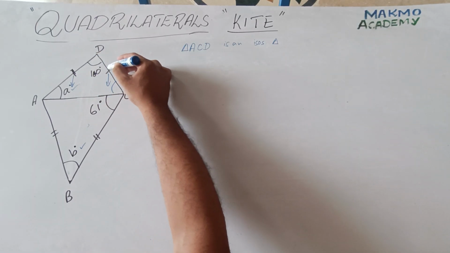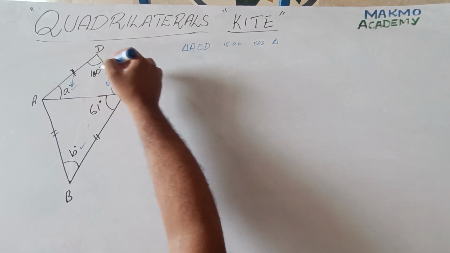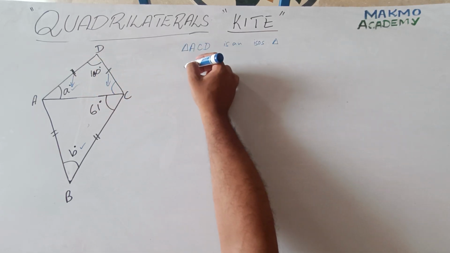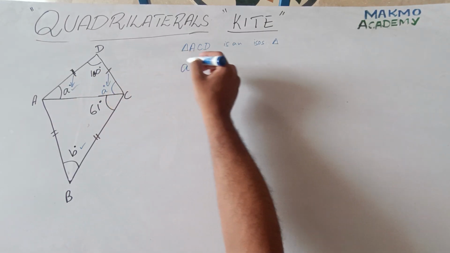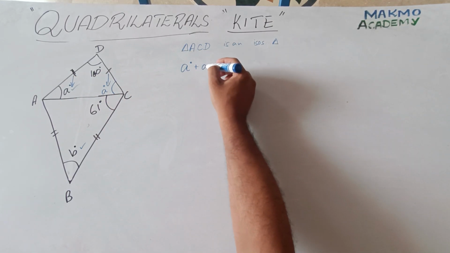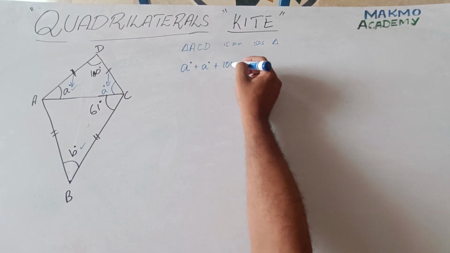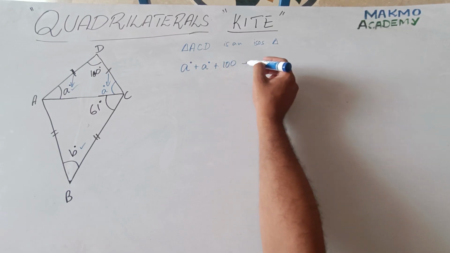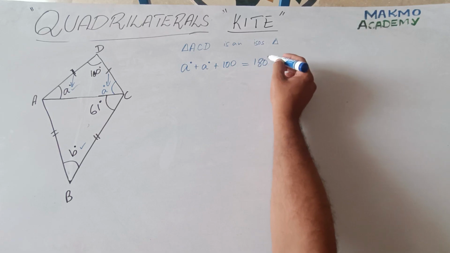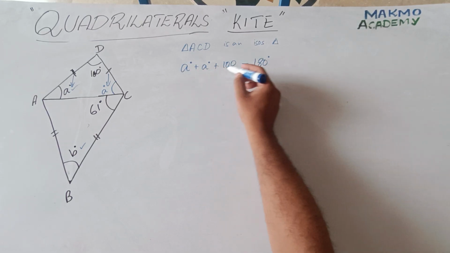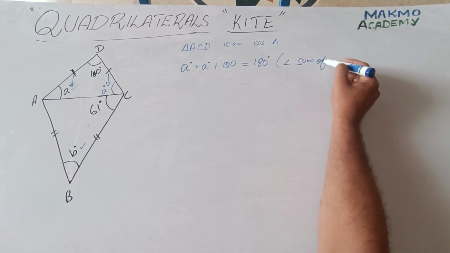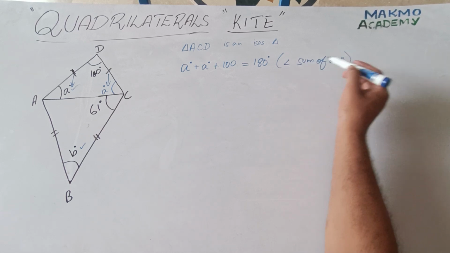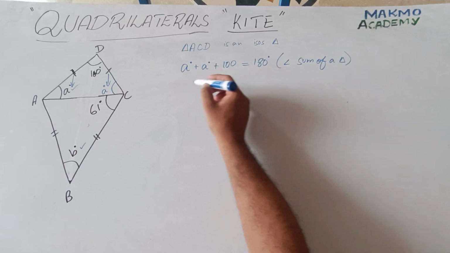If this is an isosceles triangle, the angles opposite the equal sides are equal in size. So if this is equal to A, this would also be equal to A. So A plus A plus 100, because this is an isosceles triangle, so base angles would be equal to each other, and the angle sum of a triangle is equal to 180 degrees.